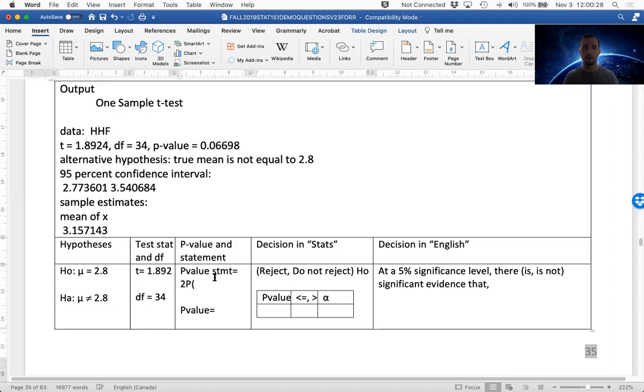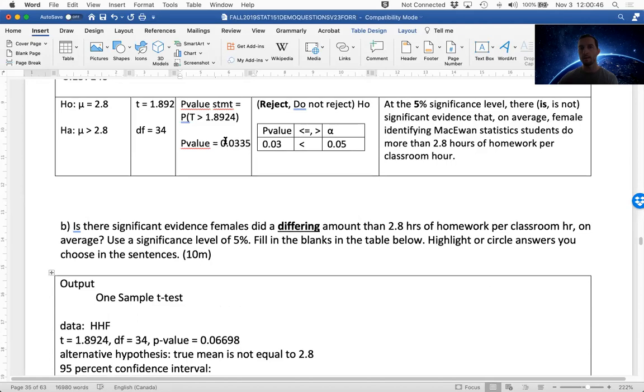So now we're multiplying by 2 here, greater than 1.892. And then you can see here we have 6698, which if we round it is going to give us 670. That is exactly twice the p-value given for the directional test.